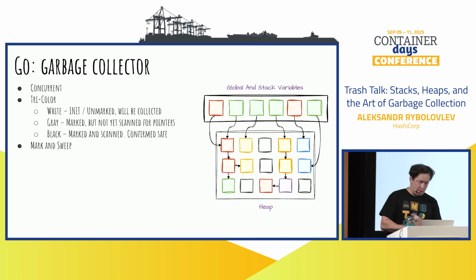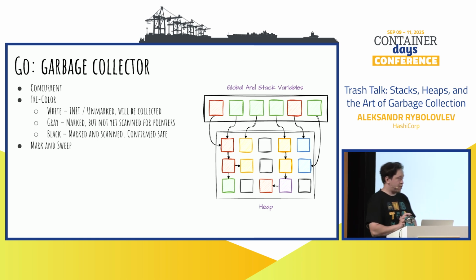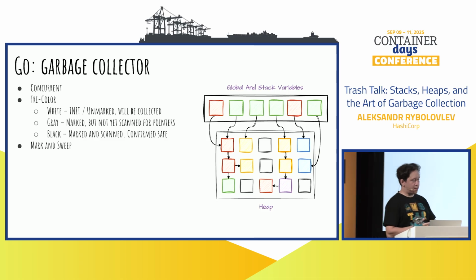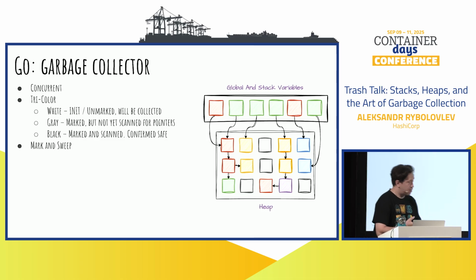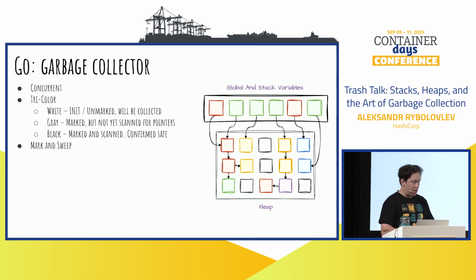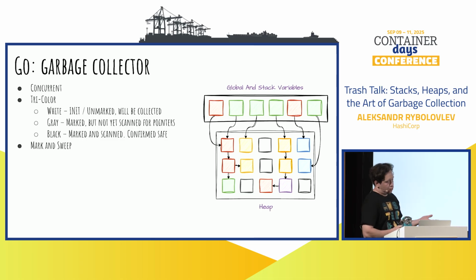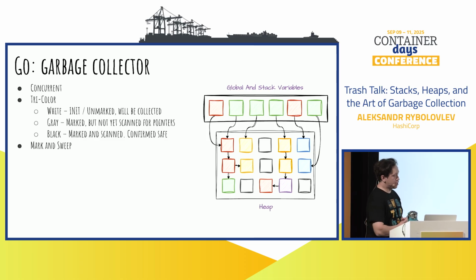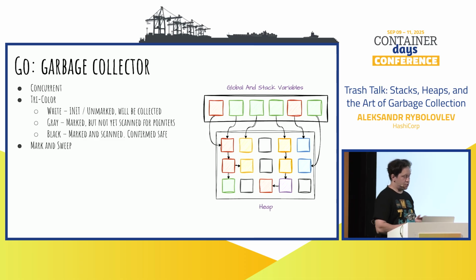Now, the garbage collector in Go is concurrent, tricolor, mark and sweep. Concurrent means that it executes alongside all other Go routines. Mark and sweep consists of two parts, as you can imagine: one is mark, the second is sweep. When it comes to the mark phase, it actually uses three colors.